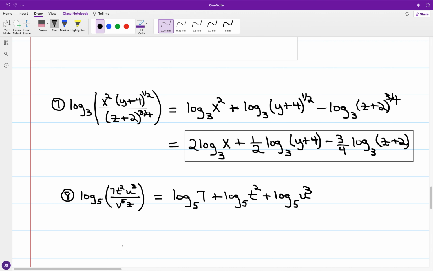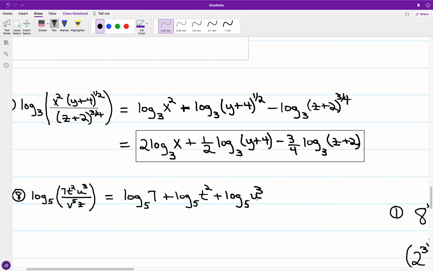And with v to the fifth and z on the bottom, those respective terms are going to be subtracted. So I have minus the base 5 logarithm of v to the fifth, and minus the base 5 logarithm of z.